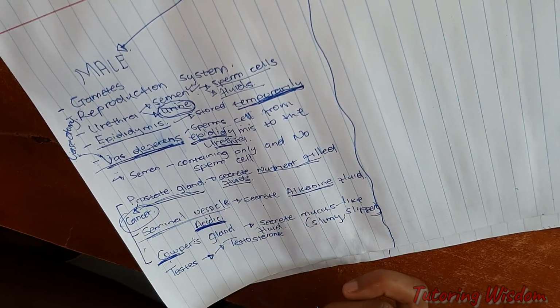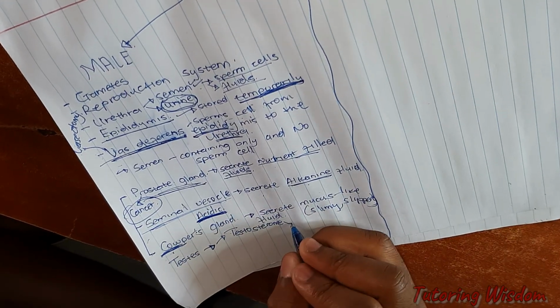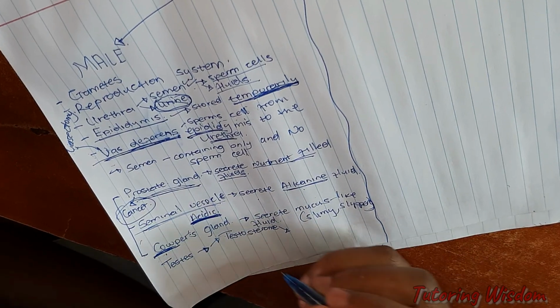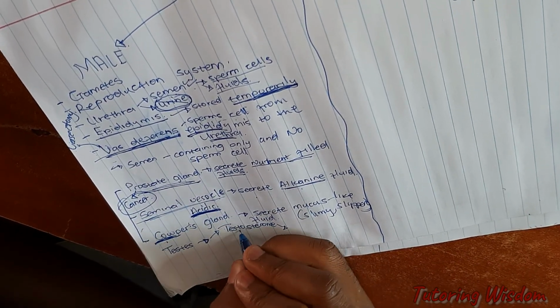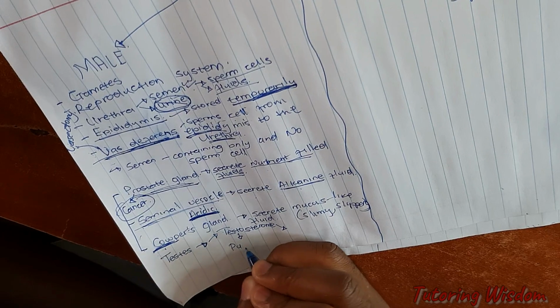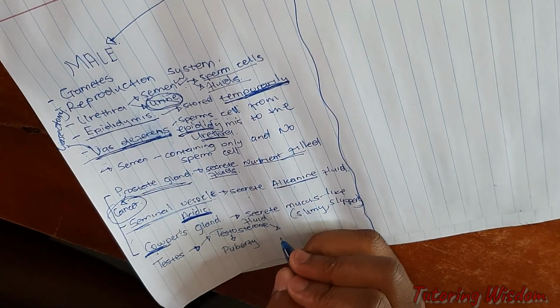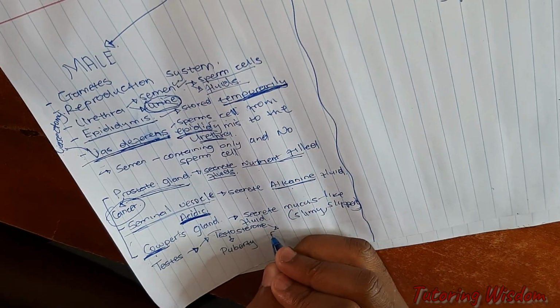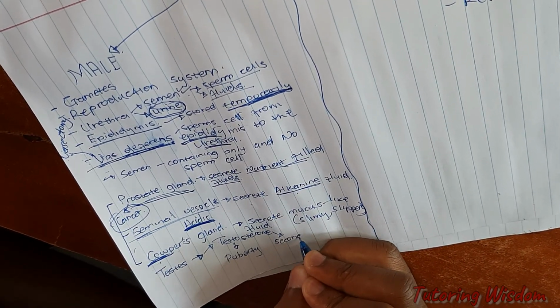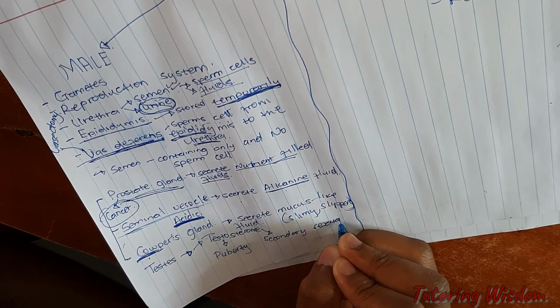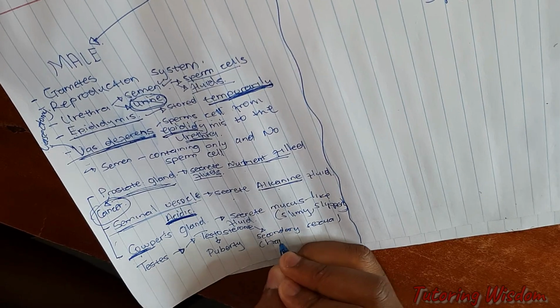This hormone allows for the formation of secondary sexual characteristics in males. This can also be called puberty. They stimulate puberty. They stimulate the development of secondary sexual characteristics in males.